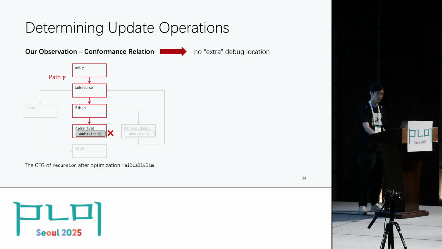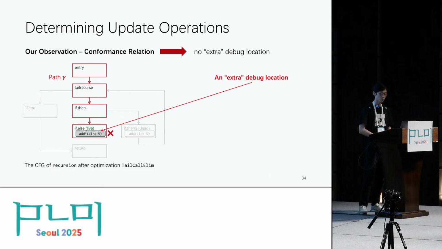In the previously discussed debug information bug, the debug location of line 5 does not occur on the path gamma before the optimization. However, after the optimization, the debug location of line 5 appears on this path. And thus, it's an extra debug location for this path gamma, violating the conformance relation.